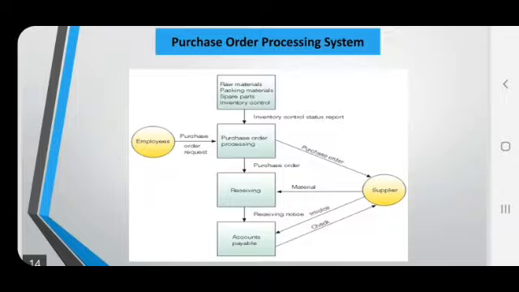Here are raw materials, packing materials, spare parts, inventory control down to purchase order processing, then receiving, accounts payable, then we have here supplier and employee. So that's the example of a purchase order processing system.